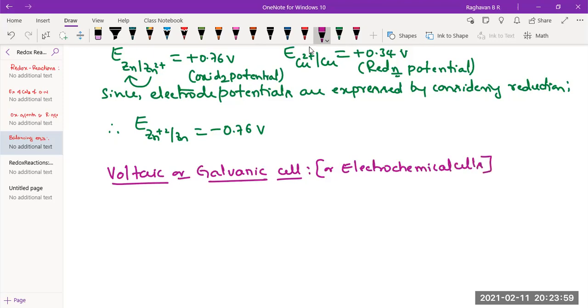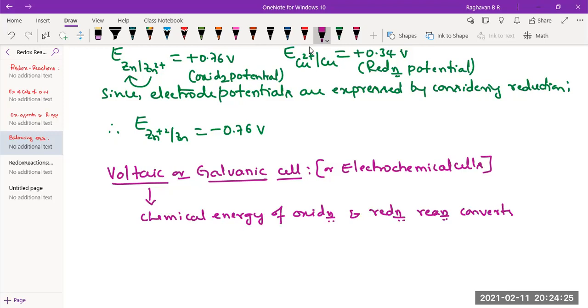So what are these devices? These devices are those where the chemical energy of oxidation and reduction reaction converts to electrical energy.